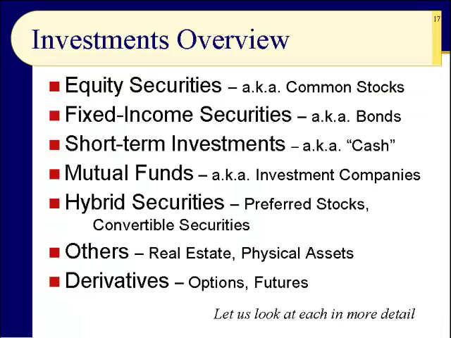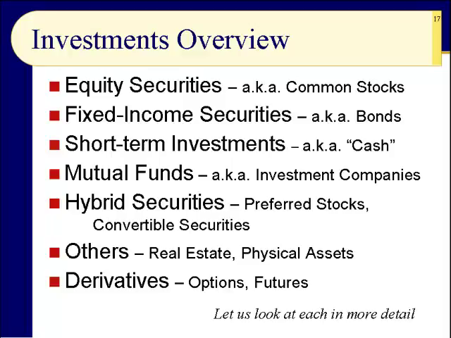Slide number 17. Here they are, folks. Here are the major investment alternatives. Equities, also known as stocks, common stocks. I know it's a terrible name, common stocks, but it has to do with the fact that the shareholders are shareholders in common, not because they're plain ordinary common.